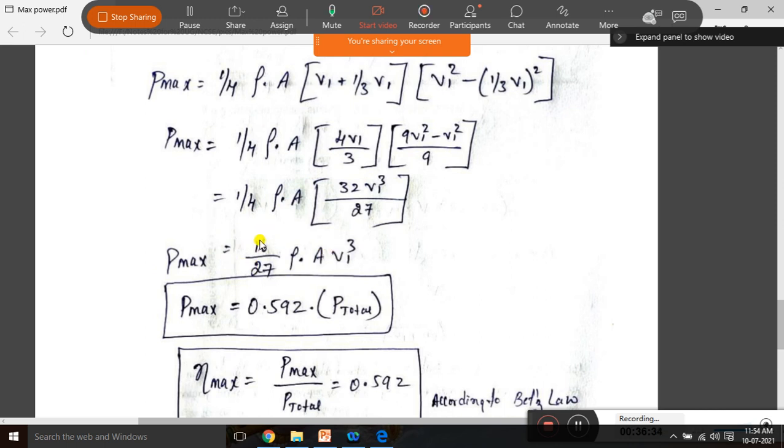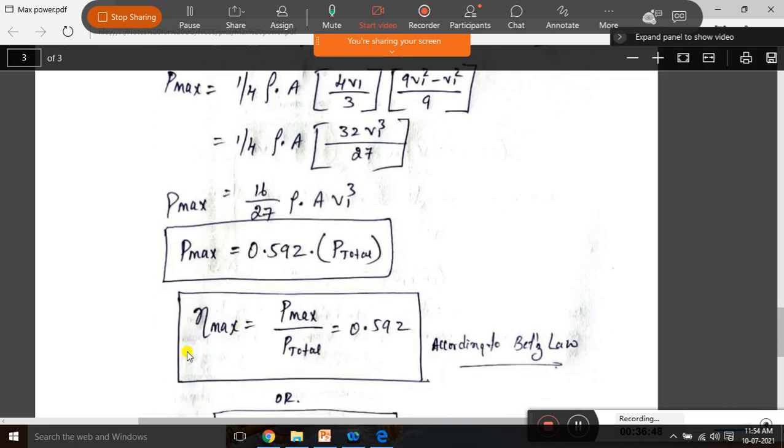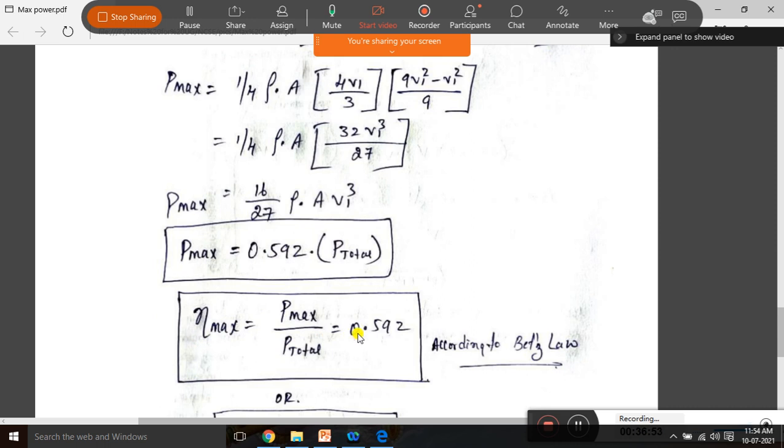And if you take the ratio, P maximum is equal to 0.592 P total. This is the P total we got in the previous equation, the total power. So P maximum is equal to 0.592 P total, and this is the maximum efficiency. If you want the maximum efficiency, power maximum by power total gives 0.592.